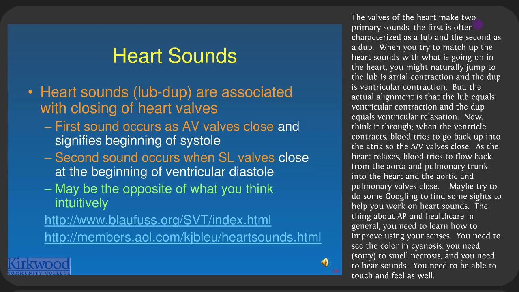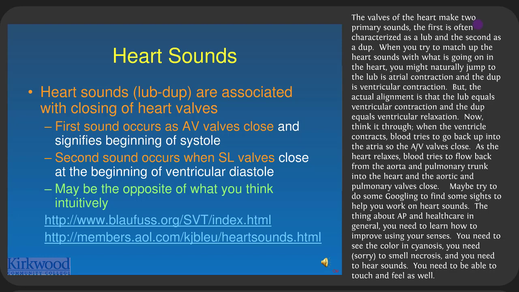Either works. When you try to match up the heart sound with what's going on in the heart, you might naturally jump to the lub is atrial contraction, and the dub or dup is ventricular contraction, because you know you have these two major events in the heart, atrial contraction, ventricular contraction. But the actual alignment is the lub equals ventricular contraction, and the dup or dub equals ventricular relaxation.